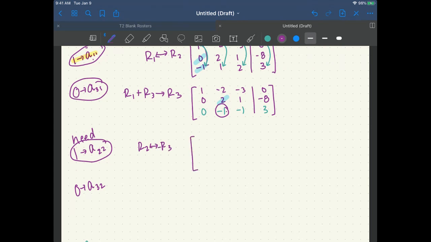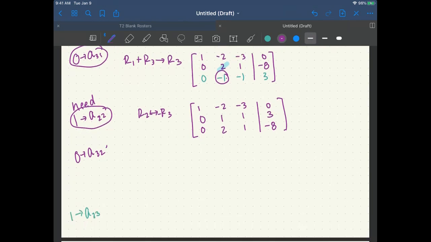So row 1 doesn't change. And then row 2 becomes row 3 but negative. So 0, 1, 1, and 3. And I've accomplished my 1 right there.